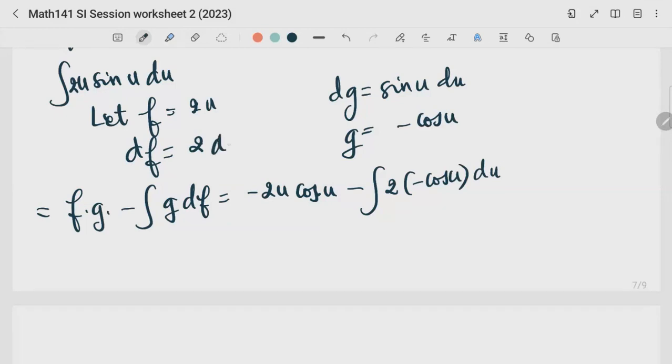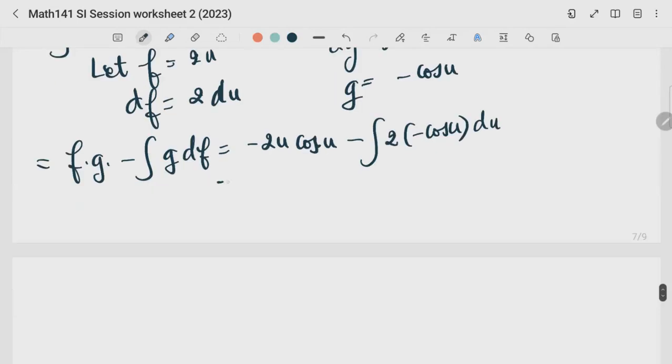So this is supposed to be a du here. Okay, so this can be simplified further to negative 2u cos u, and then the two negatives become positive, so plus the integral of 2 cos u, which is just 2 sine u, right? So we have that.